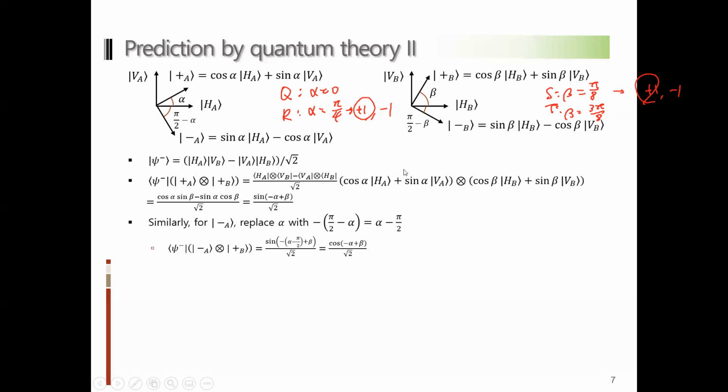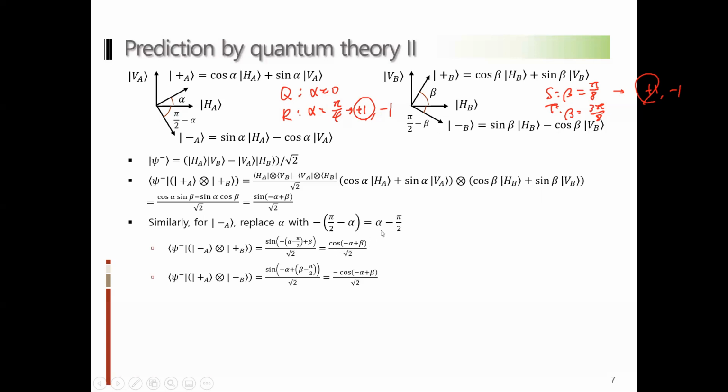And then similarly for Bob's side, for -1, if I'm interested in the probability amplitude to measure +1 on the Alice side and -1 on the Bob side, then all I have to do is replace beta with the minus of this part. This is the absolute value or the positive value, but because it is on the opposite side, I should have the minus overall.